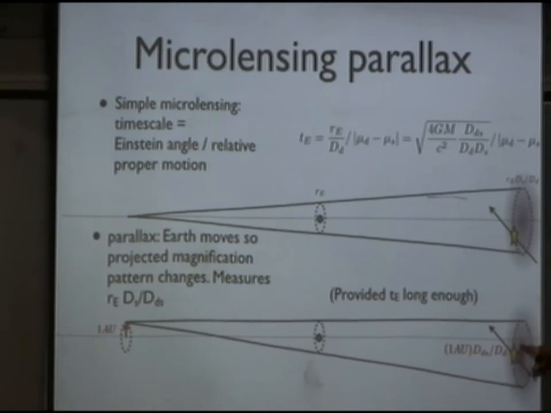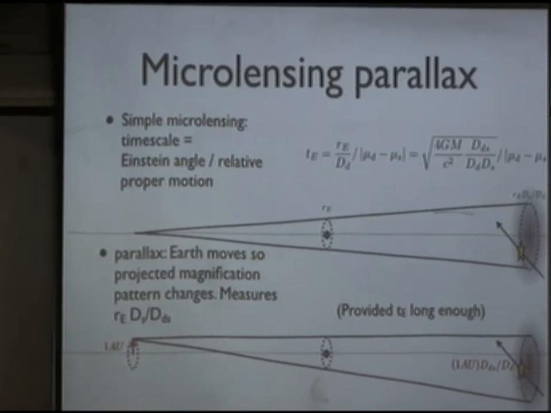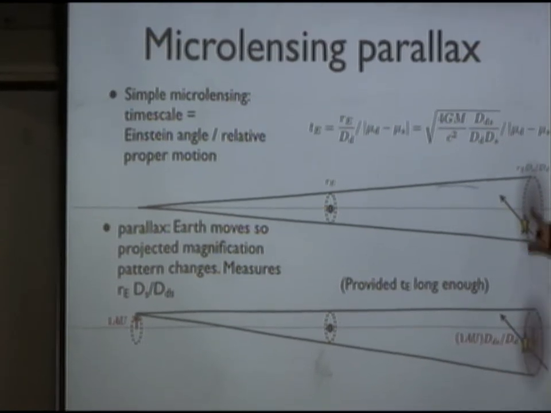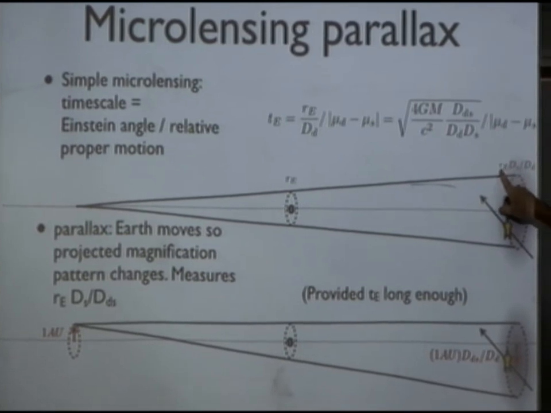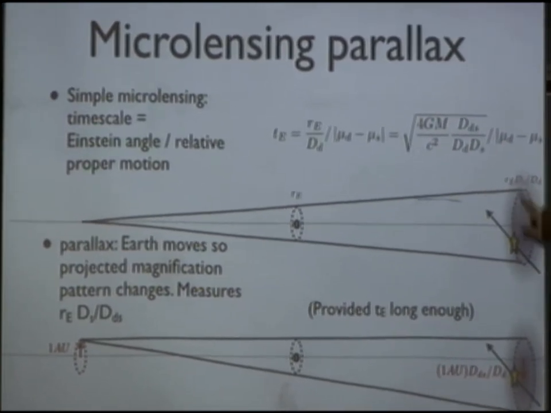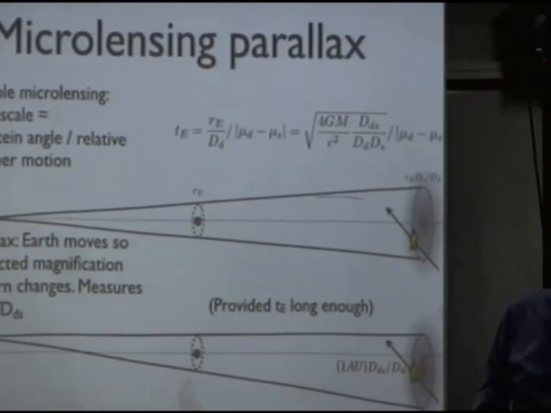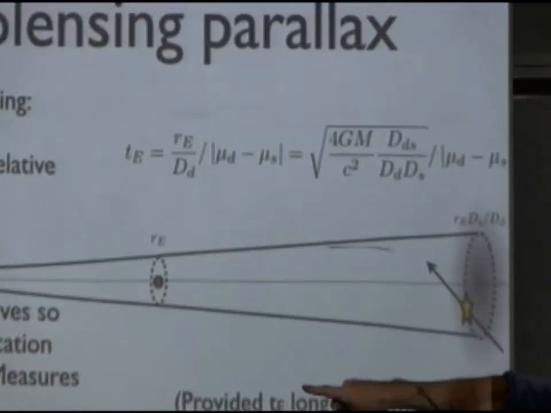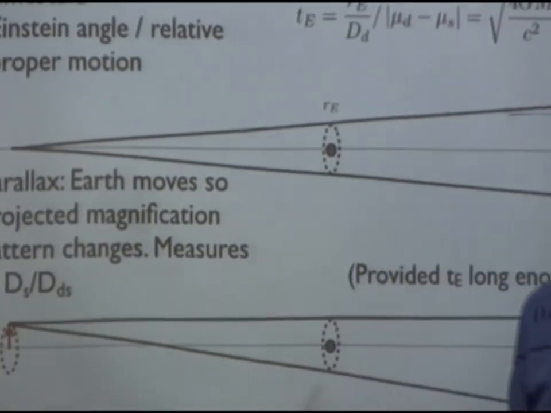That's what you can constrain if you can detect and measure the amplitude of this parallax effect. And that you can compare with the Einstein radius size, again projected to the image plane, which is the Einstein radius times DS over DD. So it's the ratio of these two things that you can determine if you can measure one of these parallax events. So that's this quantity here, RE DS over DDS.